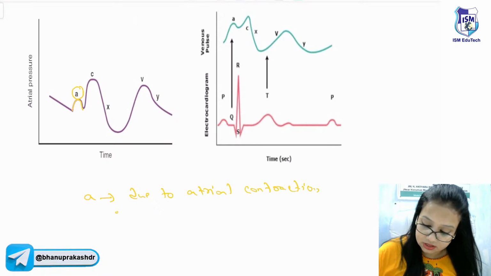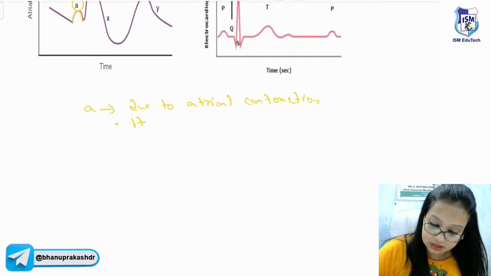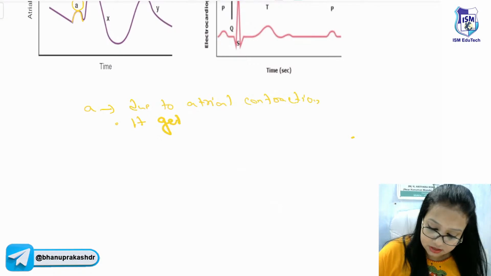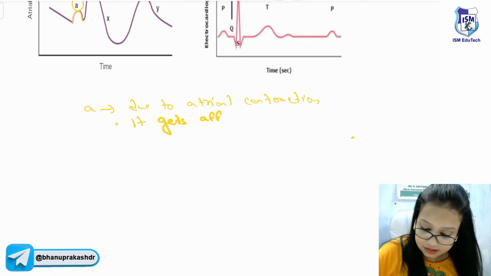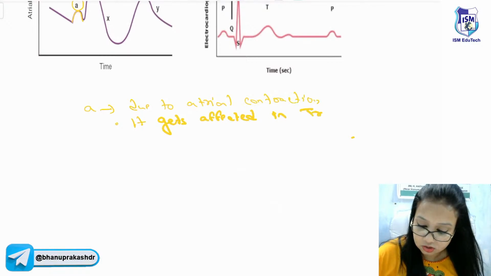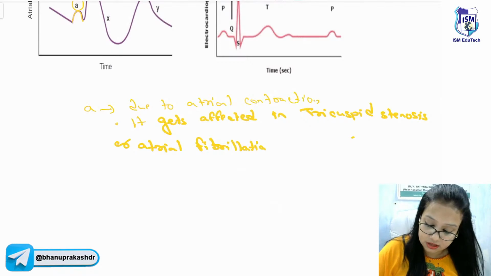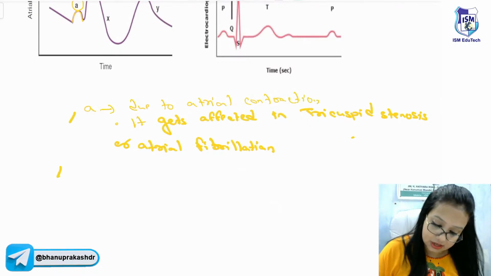Now, it gets affected in tricuspid stenosis or atrial fibrillation. Okay, this is the A wave.